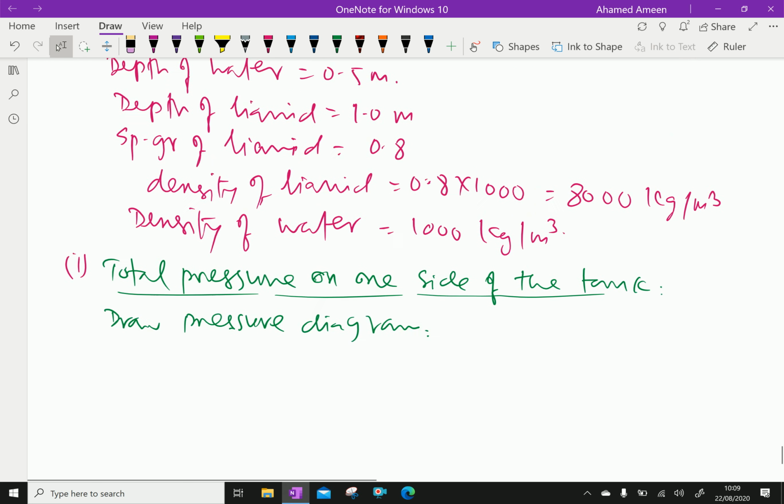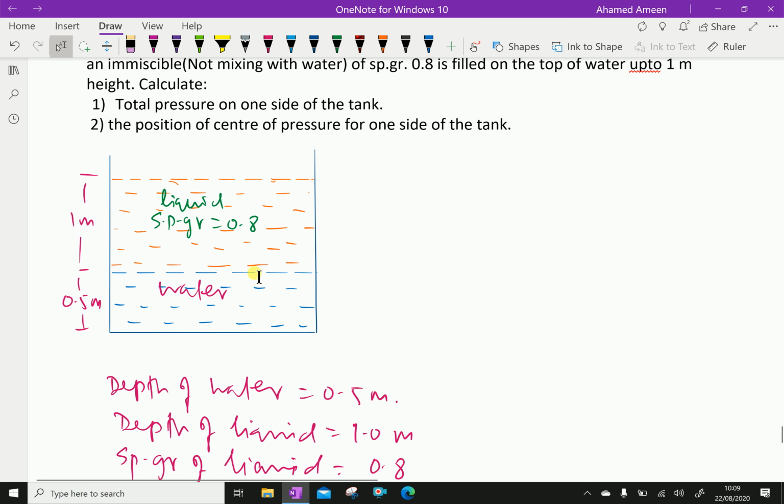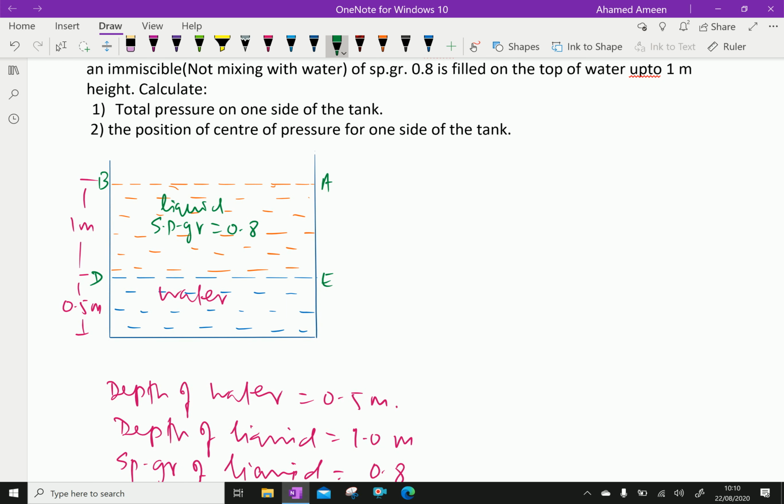Now the pressure at A, suppose the position A is here. Here positions D and E, position B here, and suppose we put C.